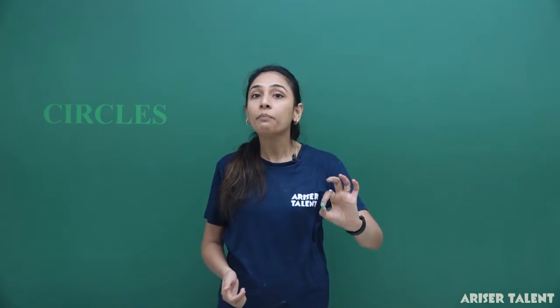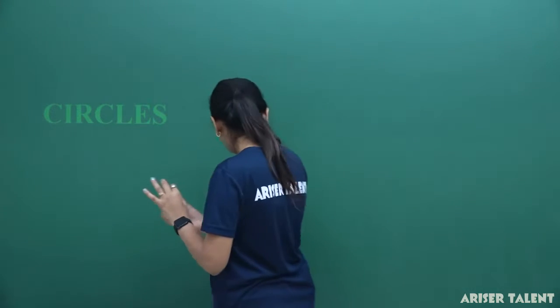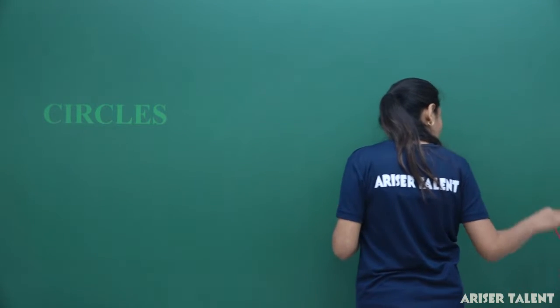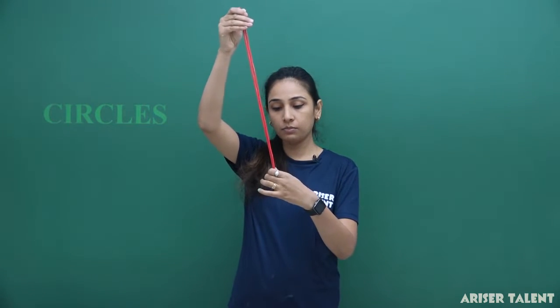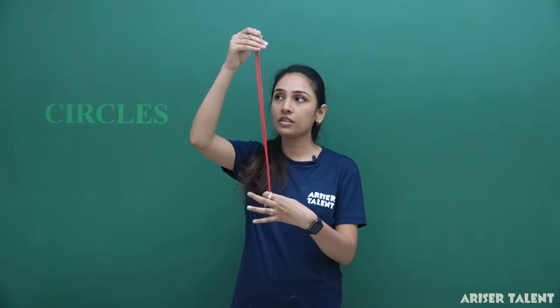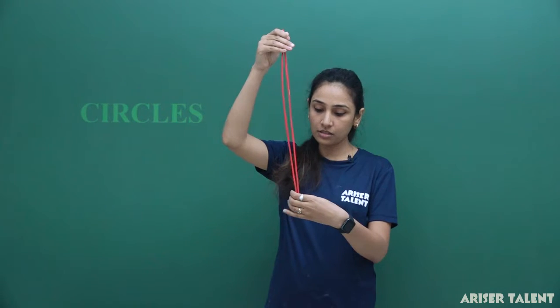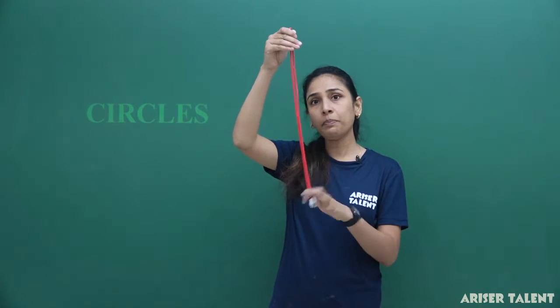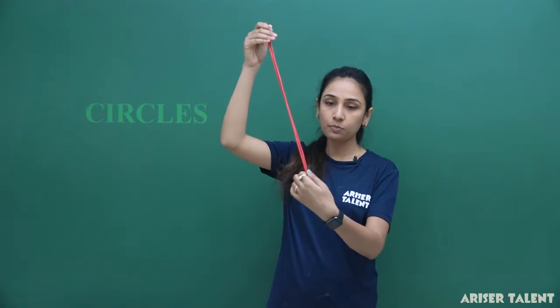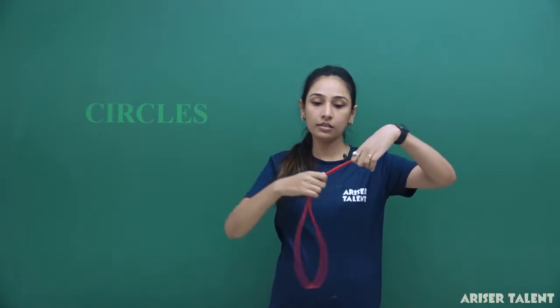The basic example, when you go through measuring the circle, very basic example, let's suppose this is a thread. This is a thread, and on its bottom I have just any pebble. So I'm having this pebble here, and this is a thread.